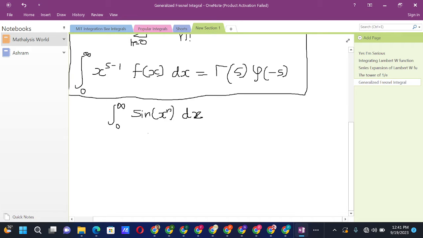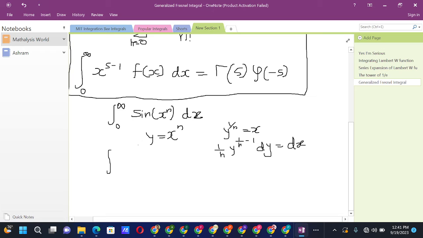So we let y equal x to the power n, then y to the power 1 by n equals x, and 1 by n, y to the power 1 by n minus 1 dy will be dx. Then we can make that substitution.